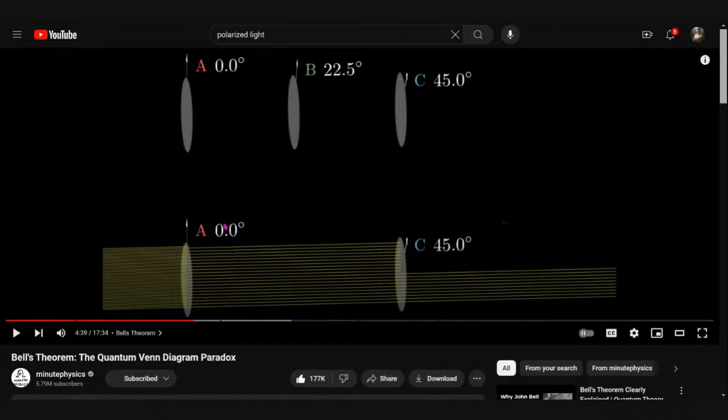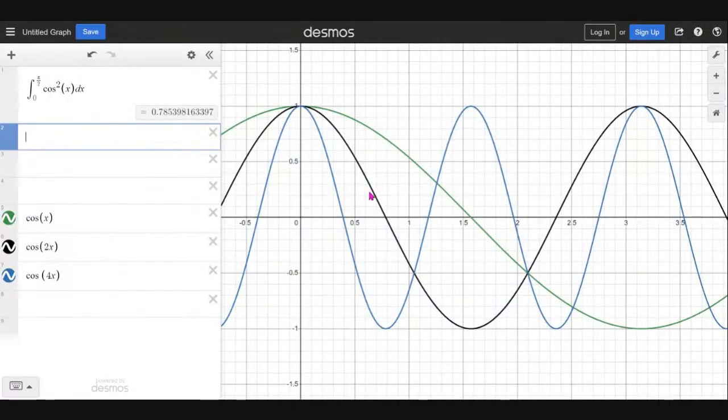The probability distribution of the polarized light in here is cosine squared. No, the cosine squared is just the magnitude. No, it's the cosine squared. It's not just the magnitude. It's the magnitude for each degree.